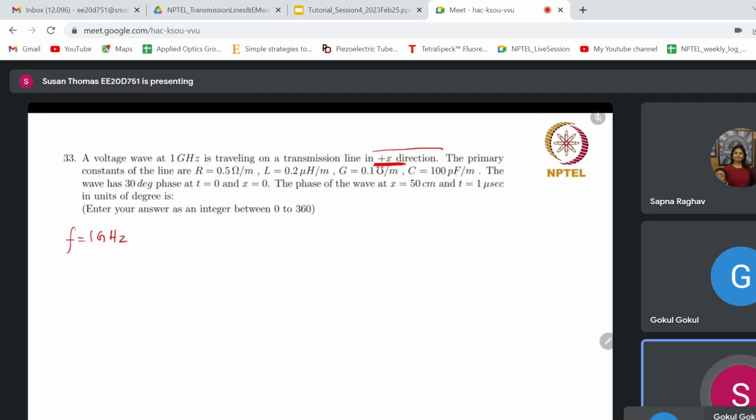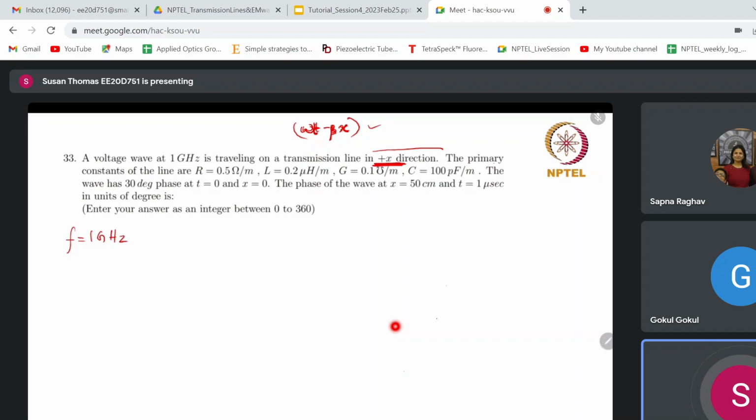That is something which we need to understand. If you remember from the discussions, the phase will be omega t minus beta x if the wave is traveling in the plus x direction. If it was traveling in the minus x direction, this would have been omega t plus beta x. So let us keep that point in mind.